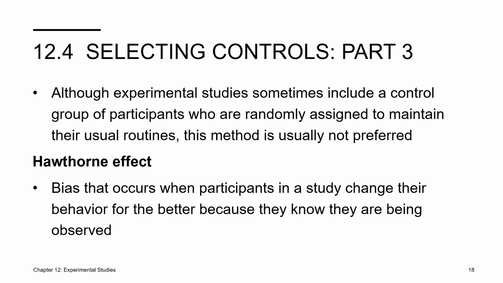So you may tell people to do the exact same things they would normally do, but because they're in a study, because they're being followed up, because they know that someone's watching them, they may actually behave better, or even worse, though usually better than what they would normally do. And that's a type of bias that could affect your findings.